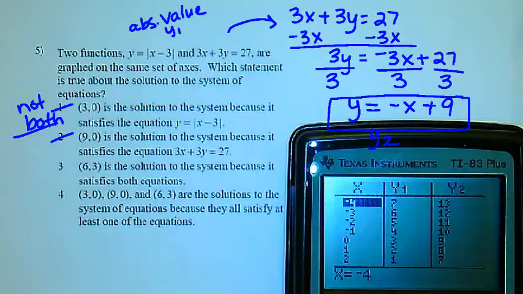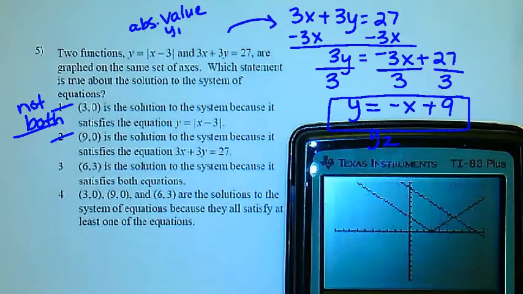So that one we can reject right away. As I go down, we can look at number 4 as well. What this is saying is that (3, 0), (9, 0), and (6, 3) are all solutions. Well, if I look at my graph, there's only one solution. So number 4 can't be right either.